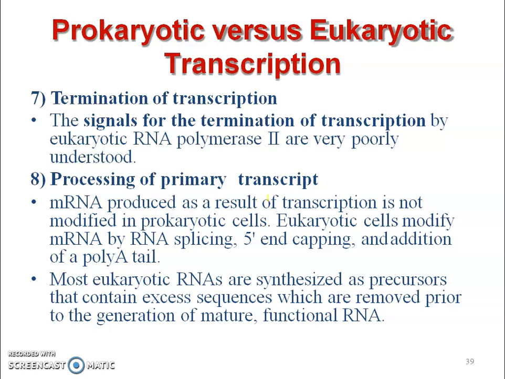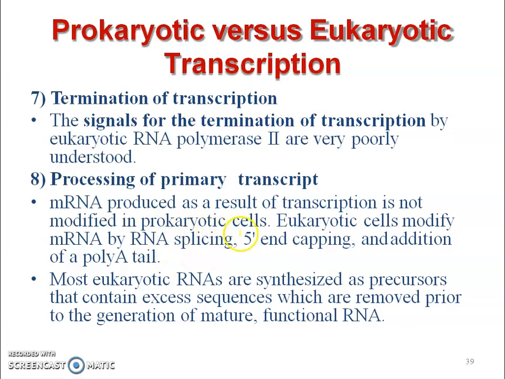Processing of primary transcript. mRNA produced as a result of transcription is not modified in the prokaryotic cells. Eukaryotic cells modify mRNA by RNA splicing. As I told you, the mRNA produced in the prokaryotic cell does not undergo modification, but in the eukaryotic cell, the mRNA will undergo splicing, and there will be capping at the 5' end and a poly A tail at the 3' end.